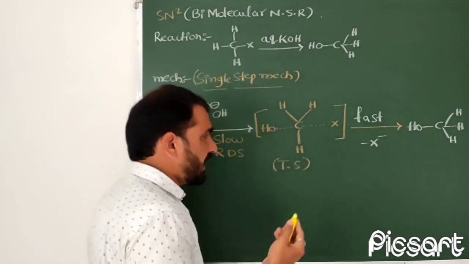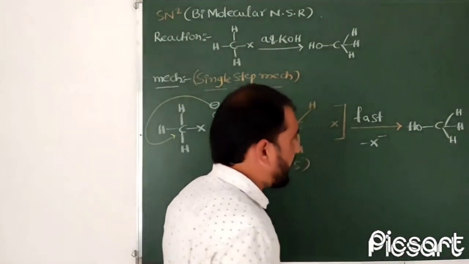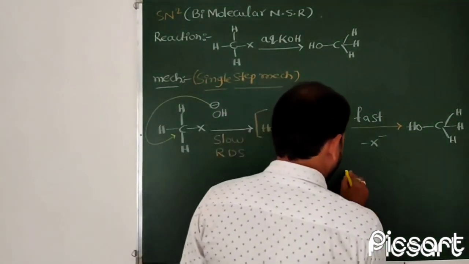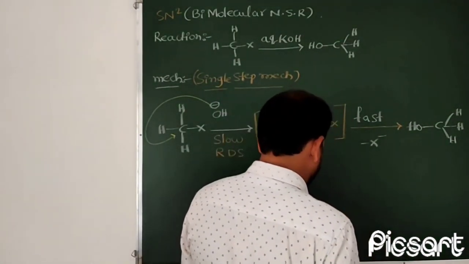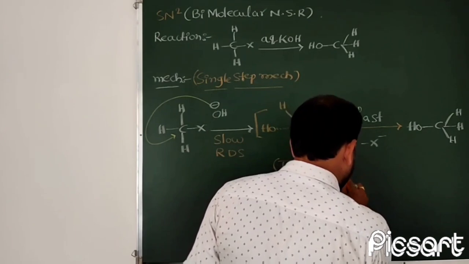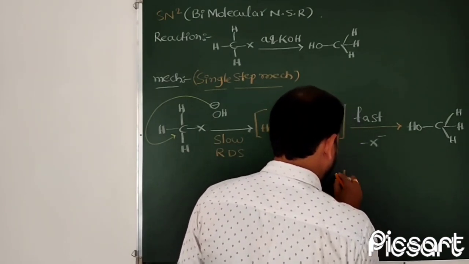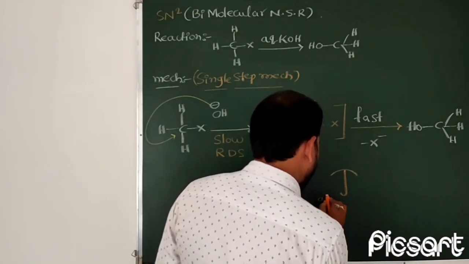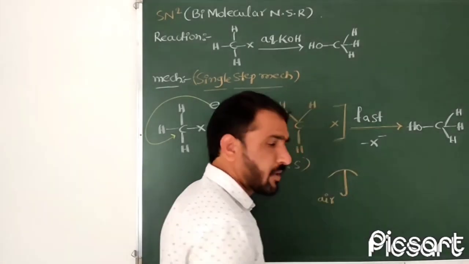Walden explained this Walden inversion phenomenon by taking an umbrella. According to Walden, here this is an umbrella, right? And here assume that this is air.